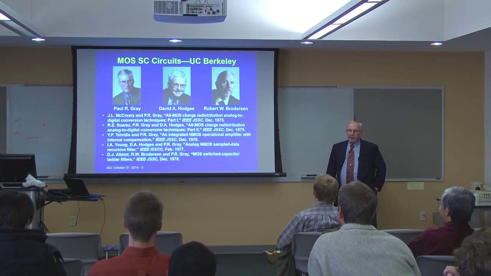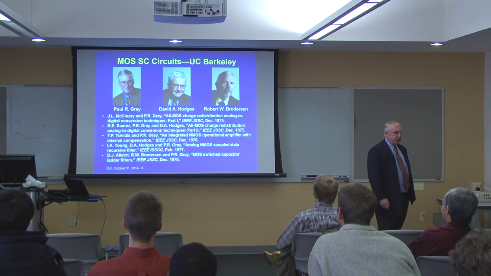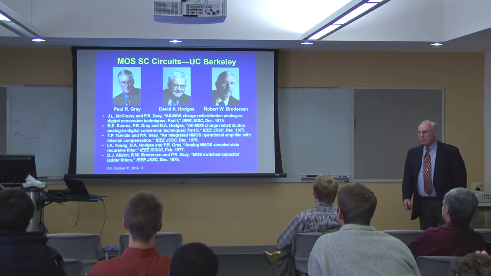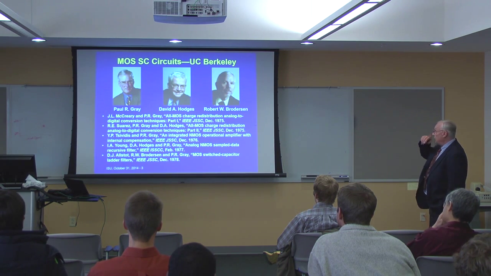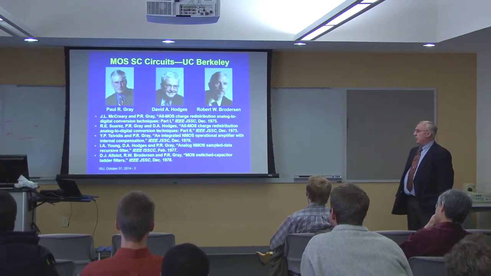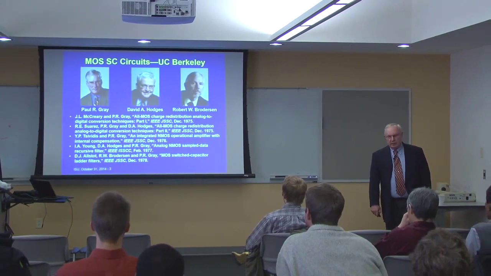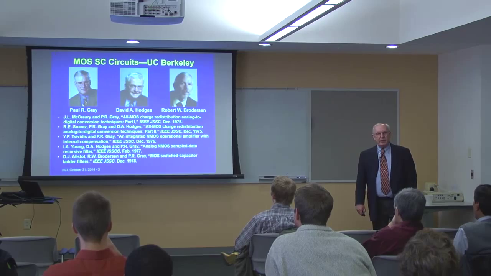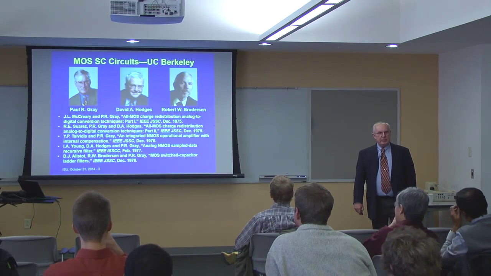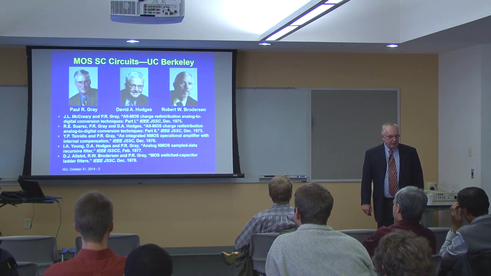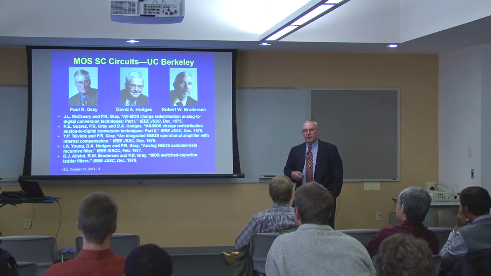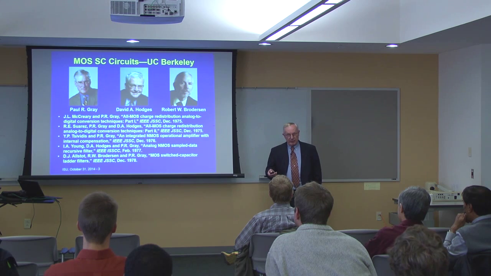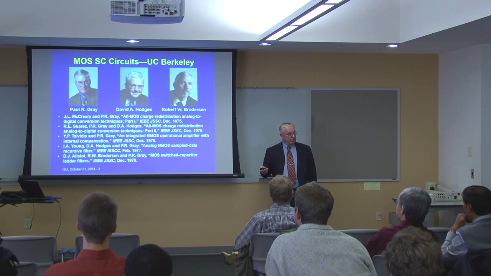Okay, so in modern times, switched capacitor circuits came about mostly through the work at Berkeley under Paul Gray, Dave Hodges, and Bob Broderson. And this came about because Dave Hodges had been at Bell Labs, and he understood the analog telephone system at that time. And he knew that it needed to be replaced by something that was compatible with digital techniques if you were going to switch to the digital telephone system.